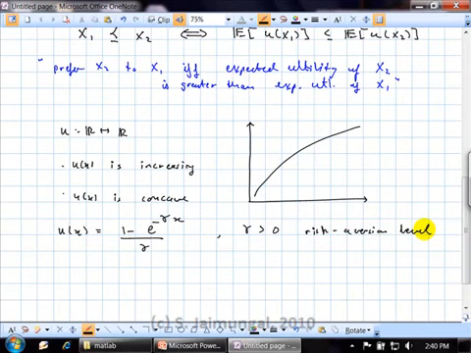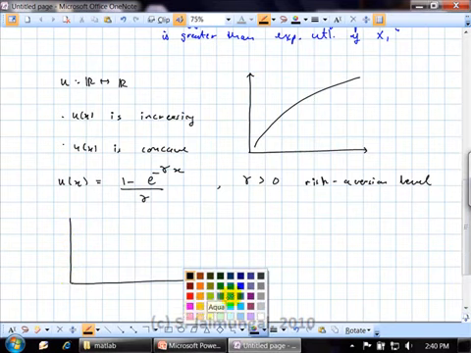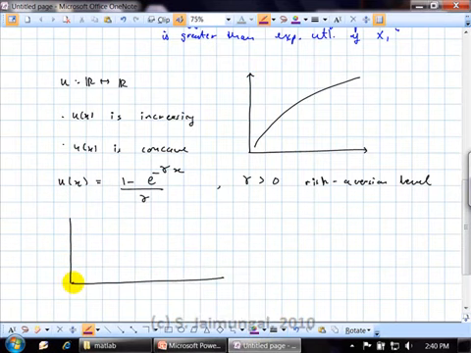If gamma, so let's see, why is that a reasonable thing? Well, if gamma is very large, what would this function look like? Well, it starts at 0, correct? x equals 0, 0. It increases and it goes asymptotically to 1 over gamma.